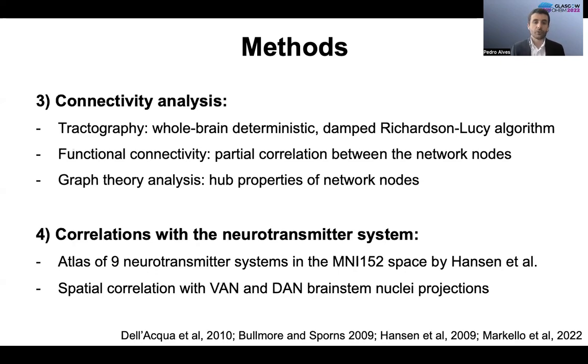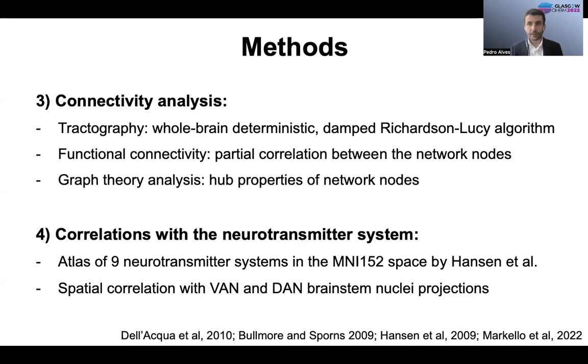Third, we conducted a connectivity analysis. For structural connectivity, we performed a whole-brain deterministic tractography. For functional connectivity, we calculated partial correlation, and for graph theory analysis, we computed the properties of each network node.